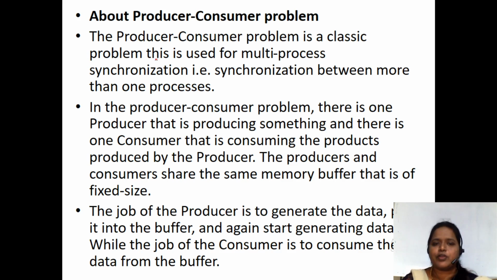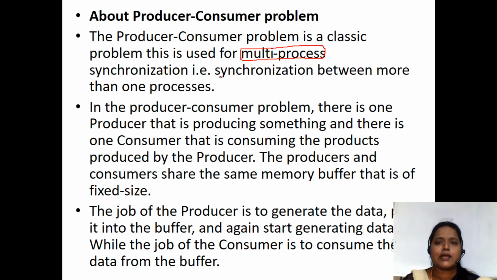So the producer consumer problem is a classical problem that is used for multi-processes. You have to remember this one. It is used for multi-process synchronization, not for 2 processes or 3 processes. But the bounded buffer problem that we have seen is restricted to only 2 processes. We can't accommodate more processes in the bounded buffer solution.